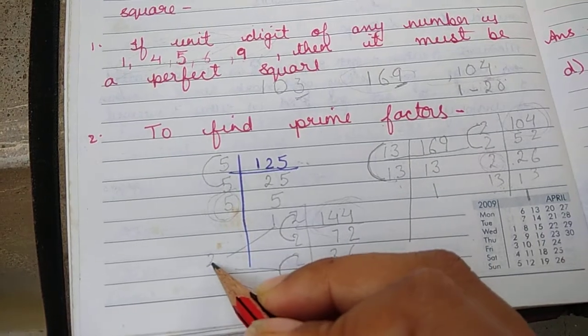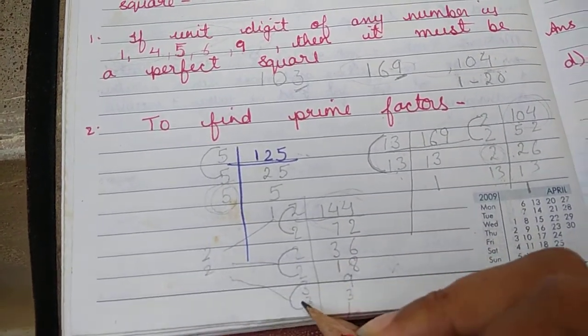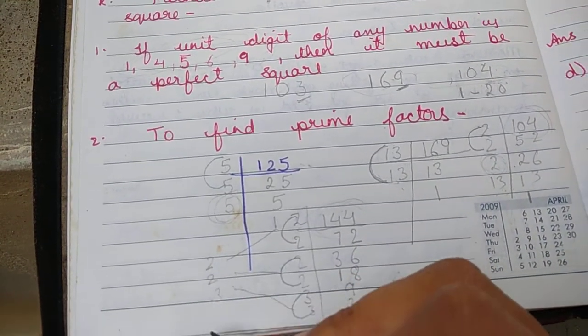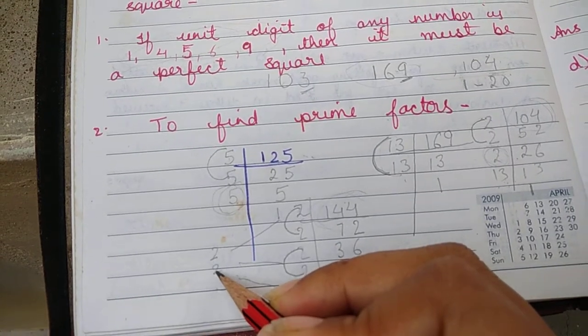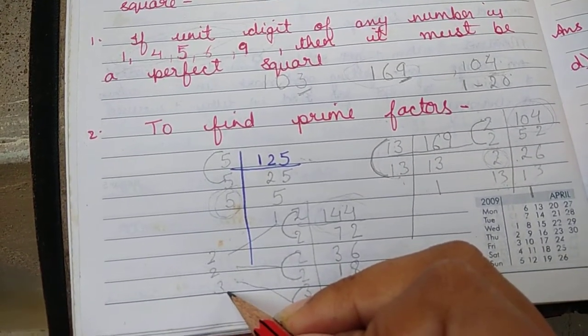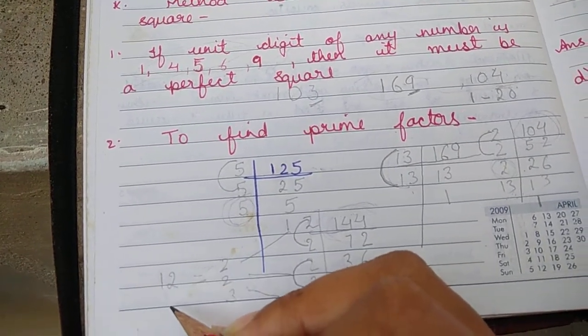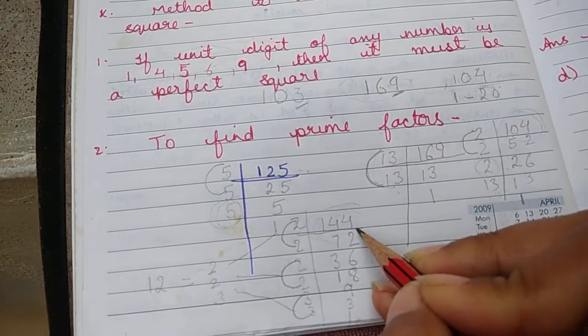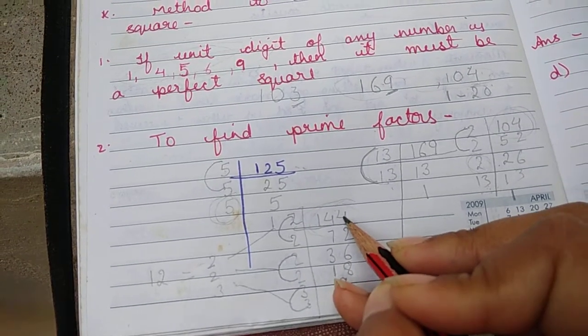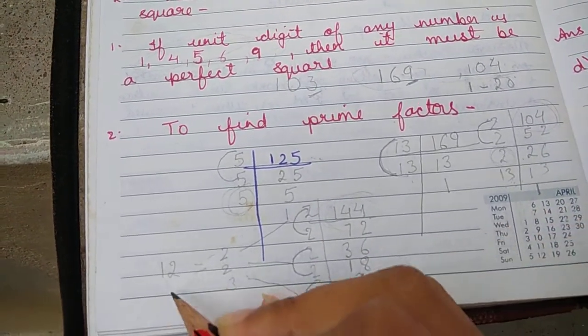So 1 2 from here, 1 2 from here, and 1 3 from here. So what we'll get? 2 2s are 4, 4 3s are 12. That means if we multiply 12 by 12, we will get 144, or 144 is the square of 12.